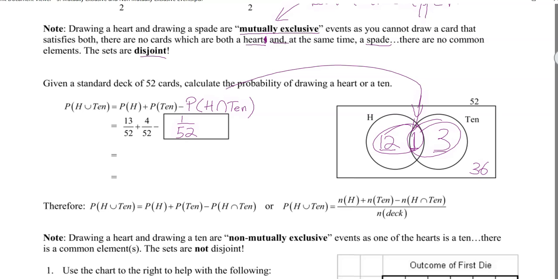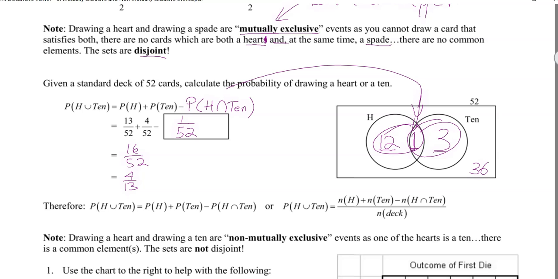So in order to do anything where you're going to be adding probabilities, just leave the denominator. So 13 plus 4 is 17 minus 1 is 16 out of 52, which is 8 out of 26, which is 4 out of 13.